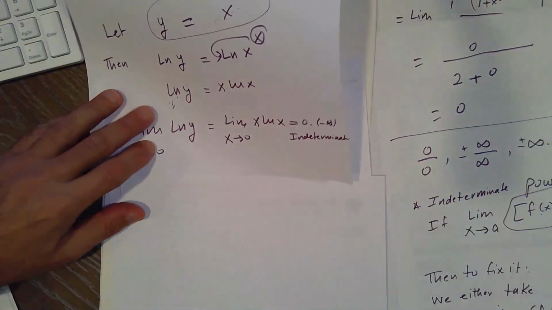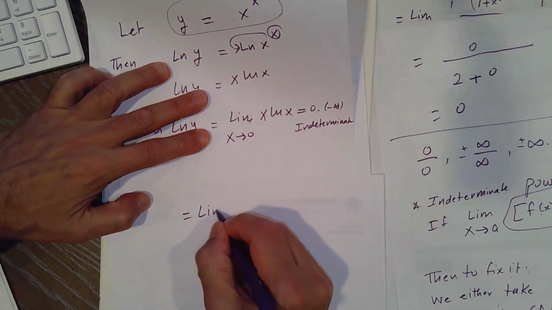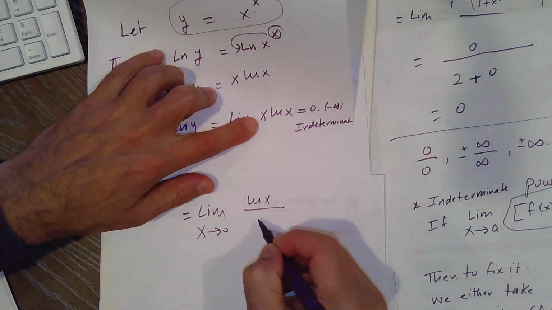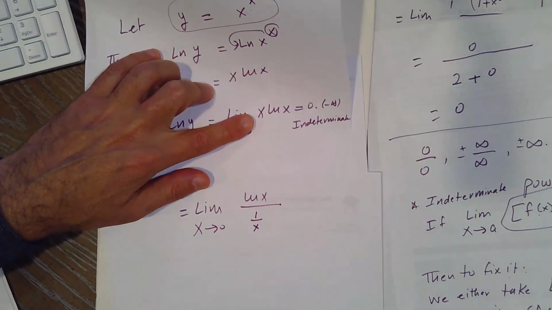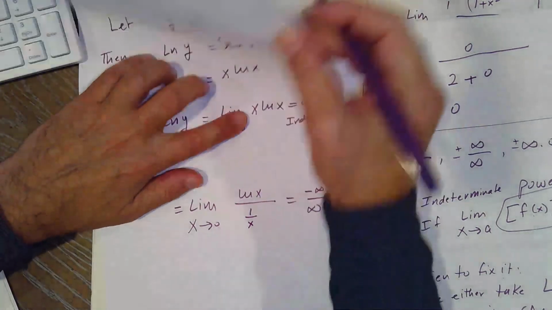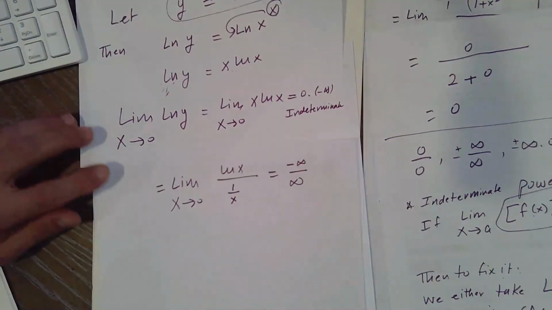So we would write this as the limit as x goes to 0 of ln of x. Instead of times x, we write it as divided by 1 over x. And now it's negative infinity over infinity, and now we can use L'Hopital's rule.